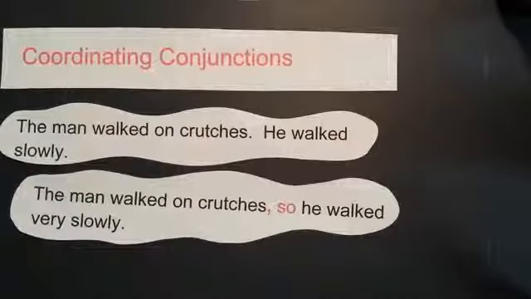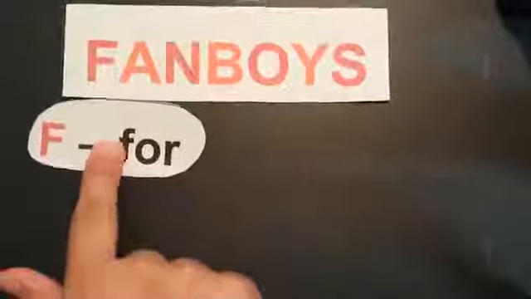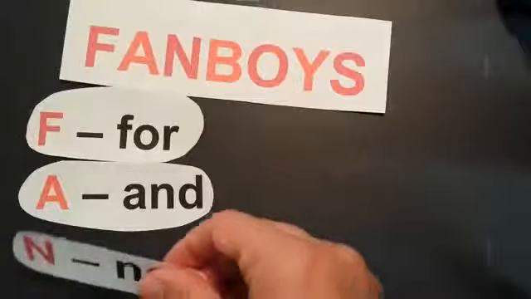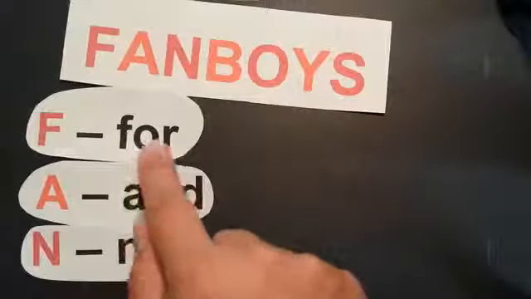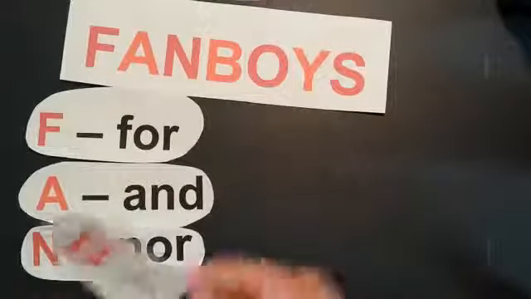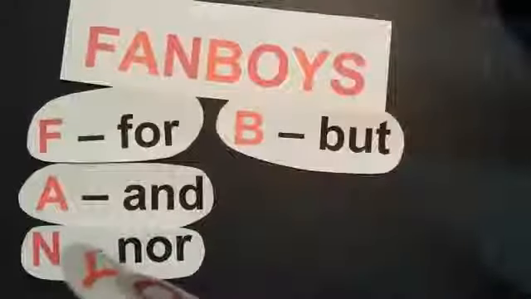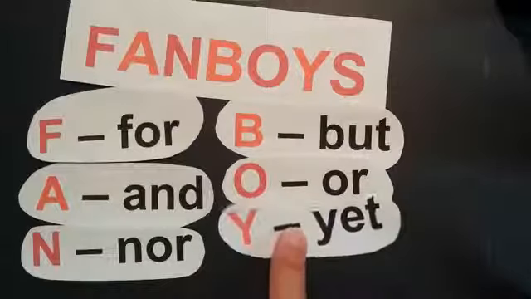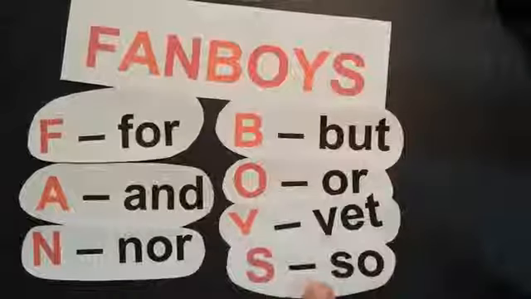Now, how do you know what your coordinating conjunctions are? We have a little acronym. You may have seen this before. This is the easiest way to remember all of your coordinating conjunctions. FANBOYS: F for, and, nor, but, or, yet, and so.